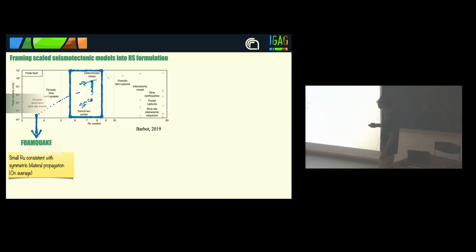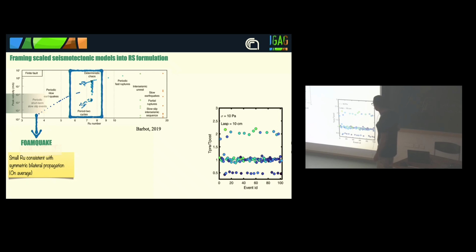But then if we zoom in on this area where we have a larger Ruina number and toward the period doubling, and we analyze the time of the interseismic period of the previous event divided by that of the following event, which is commonly done when you analyze a period doubling system, we see that sometimes we have periodic behavior, but the experiment tries to jump to period doubling or half of the period, meaning that we have 2 times the recurrence time of the previous event.